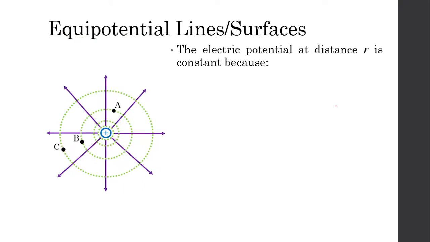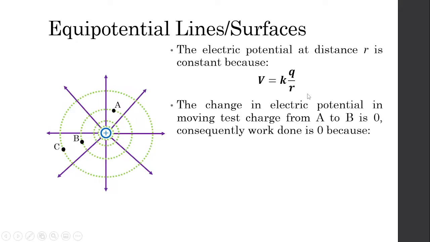So let's see what will happen. The electric potential at distance r is constant because this is the equation that we just talked about earlier and previously. The potential is equal to Coulomb's constant k multiplied by q divided by the distance. The change in the electric potential if I move it from A to B should be 0.